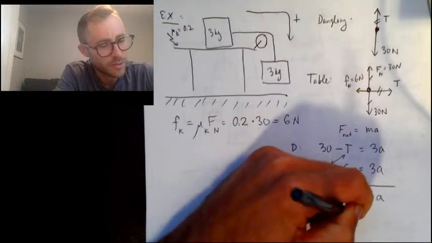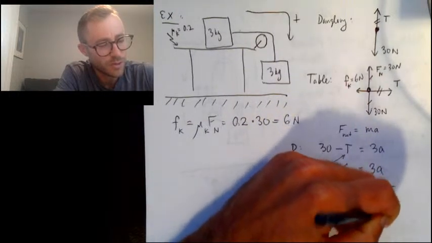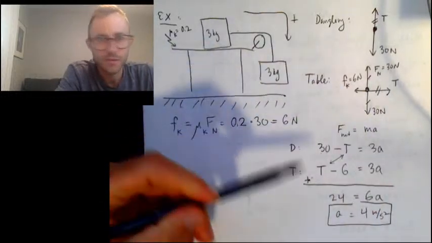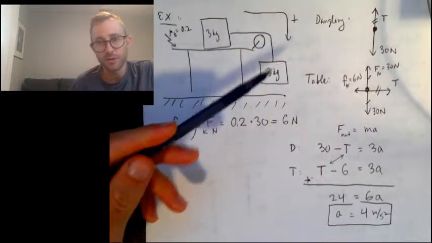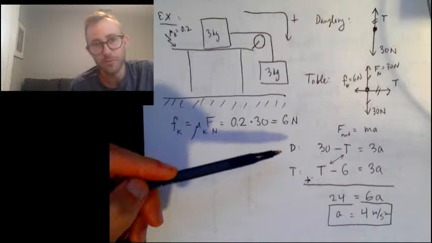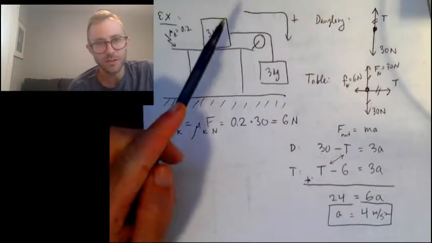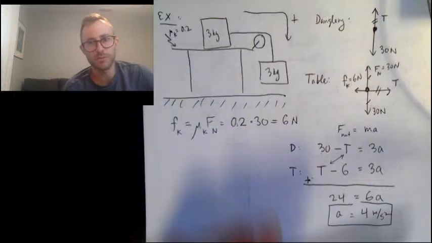We get that the acceleration is 4 meters per second squared. Meaning that the 3 kilogram mass is going to accelerate downward at 4 meters per second squared, and the table mass is going to accelerate rightward at 4 meters per second squared.